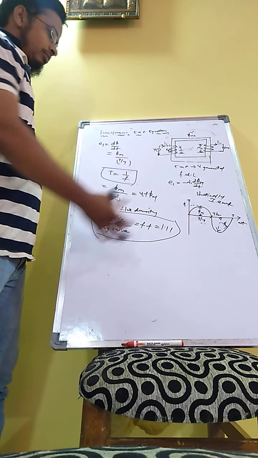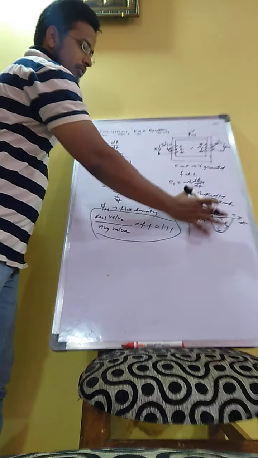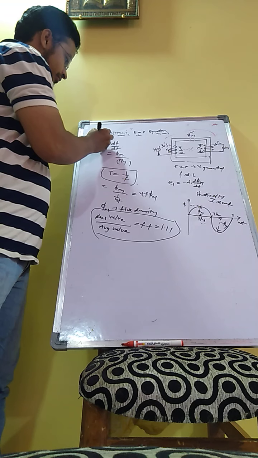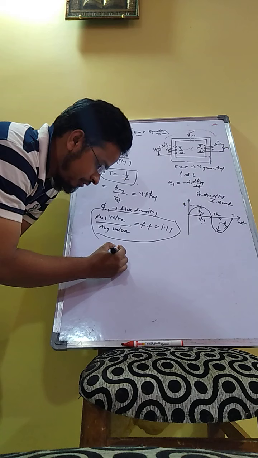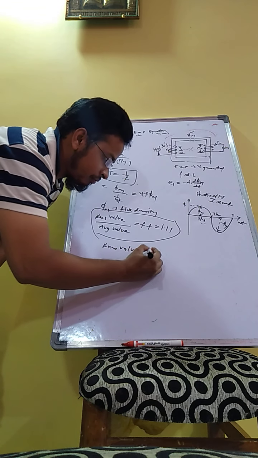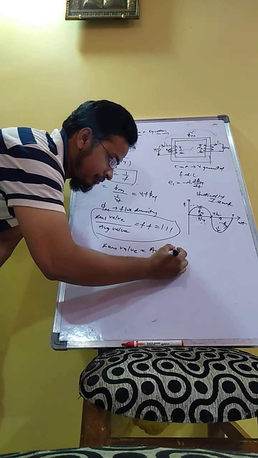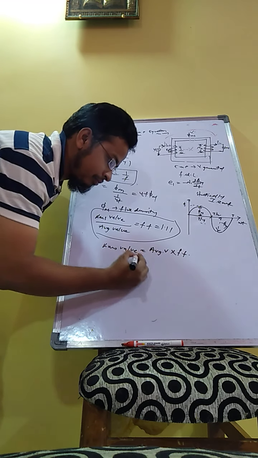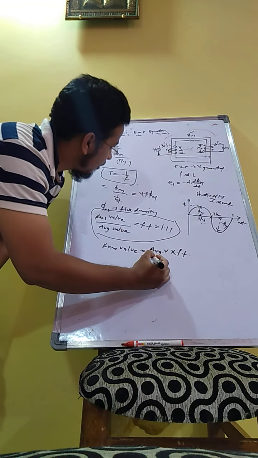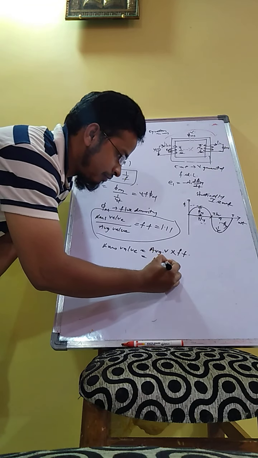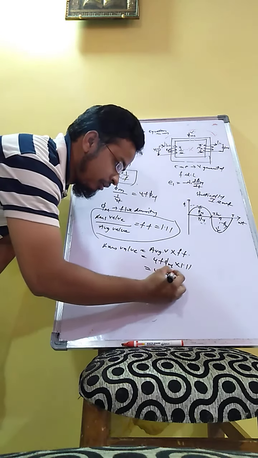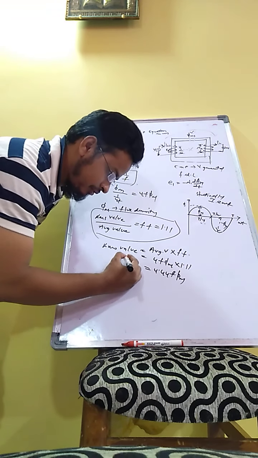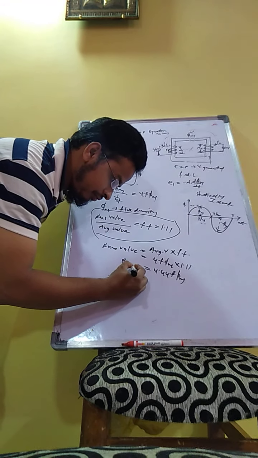By seeing this diagram we found the average value, which is d phi by dt. So RMS value equals average value into form factor. The average value we got is 4f phi m, into 1.11, which is 4.44 f into phi m. So this is E1 RMS.